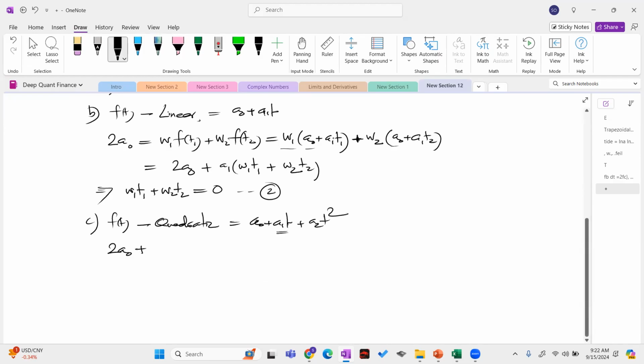This term will vanish because it's an odd function. What about the last term? Can you quickly tell me what is the integral of a2t square dt from -1 to +1? Integration will be t cube by 3, correct? And then in place of t cube, you need to replace 1, then do a minus, and then also put a -1 there. So what will be the answer?